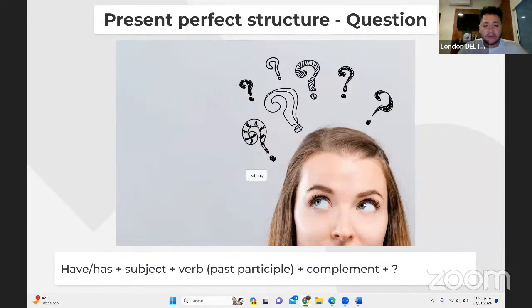No tengo hermanos. Esto es un error. ¿Por qué? Porque están mezclando el tema que estamos aprendiendo, presente perfecto, con presente simple. ¿Cuál es la forma correcta de decir no tengo hermanos?